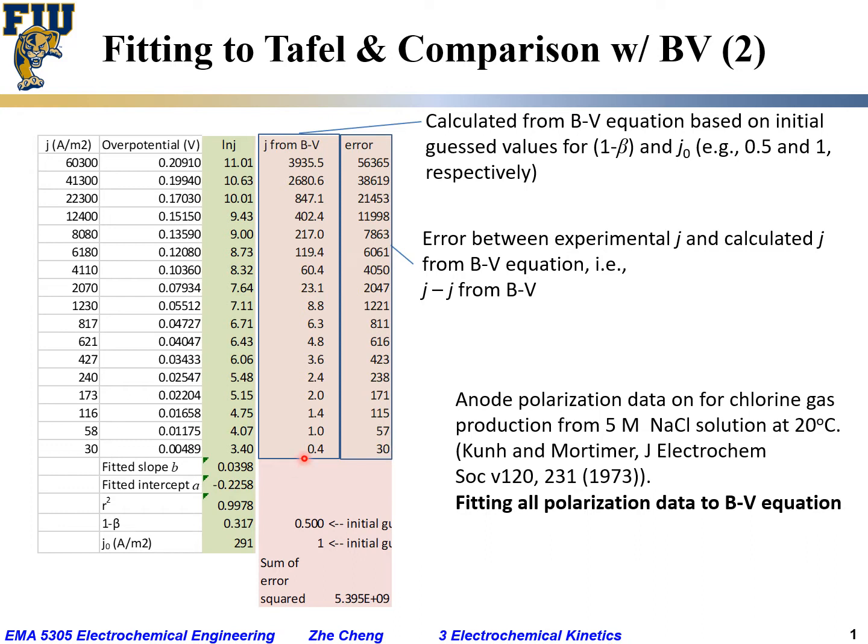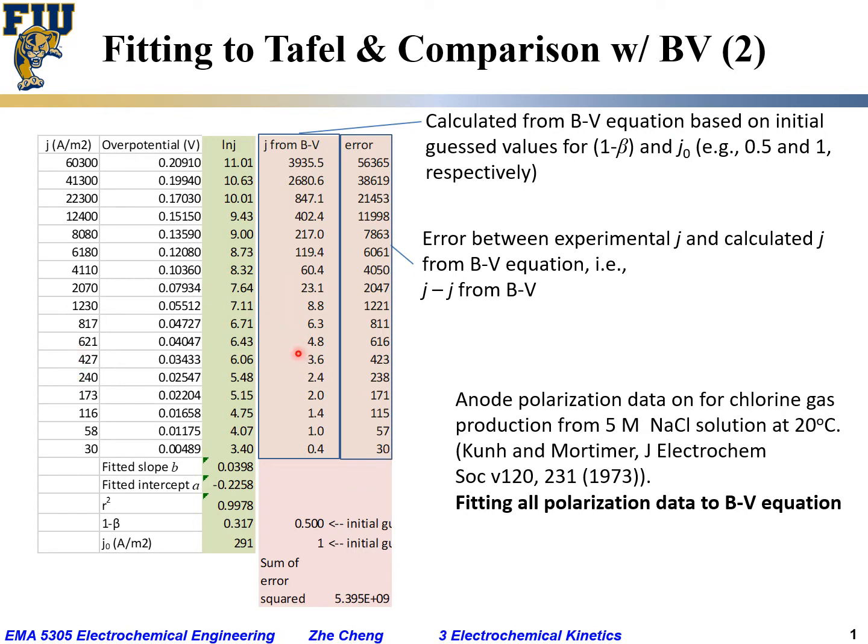For example, if the calculated value is 0.4 while the measured value is 30, then the error would be approximately 30 amp per meter square. Okay, so this column is calculated as the difference between the measured value and the calculated value.